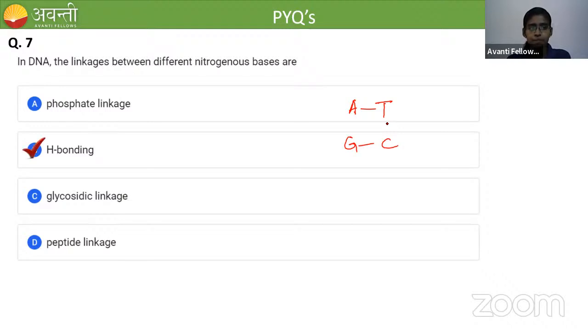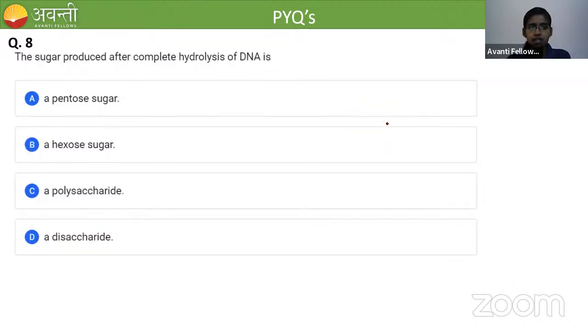Okay. And coming to question number 8, the sugar produced after complete hydrolysis of DNA is... DNA is deoxyribonucleic acid. It contains a ribose sugar, which is a pentose sugar, a 5 carbon containing system.